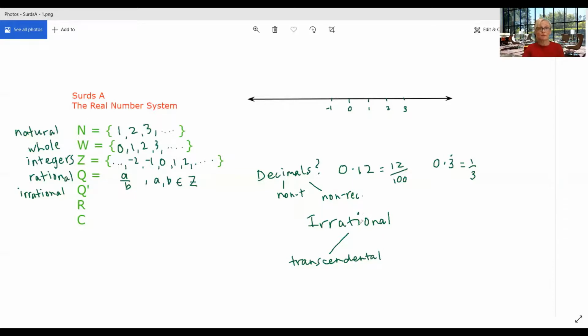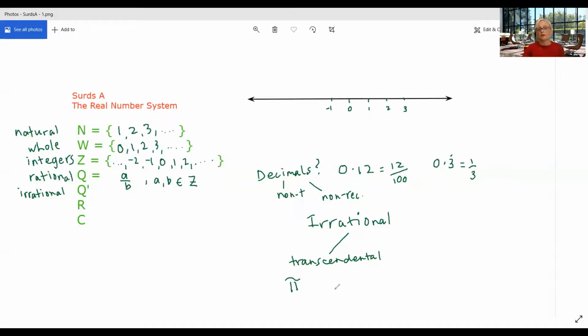Now, you've already met one of them. You would have met pi, maybe in late primary school, maybe early secondary school. Pi is used obviously with circles, circumference, area, that sort of thing. It's also used a whole heap in trigonometry, all right? The unit circle, all of those sorts of things.